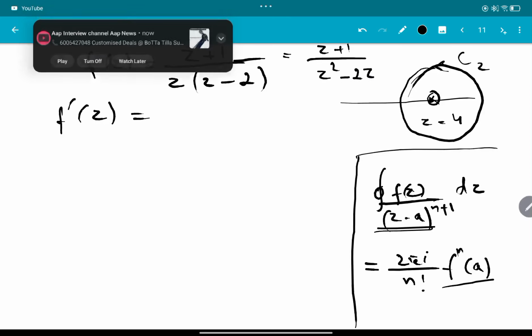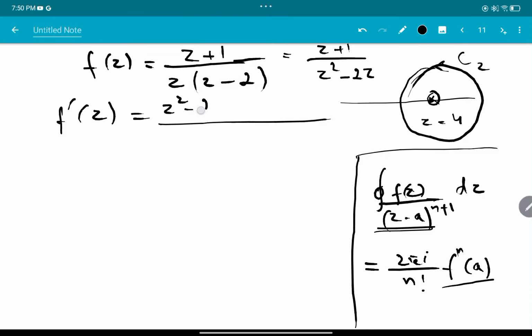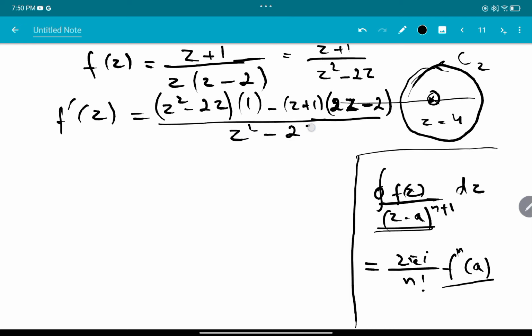If I differentiate it, I have the u by v formula. u, that is z square minus 2z, into the derivative of this, that is 1, minus z plus 1 as it is, into the derivative of this, 2z minus 2, divided by z square minus 2z whole square. So this is it.